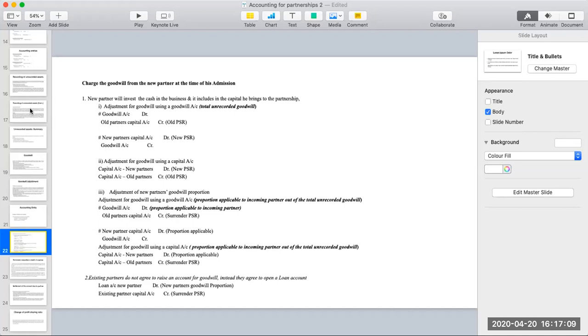Loan account for the new partner is debited, and existing partners' capital accounts are credited. Credited according to the surrender profit sharing ratio, debited according to the new partner's goodwill proportion. That means only one partner, as per the example I told you, only from the 1/4 of the amount.